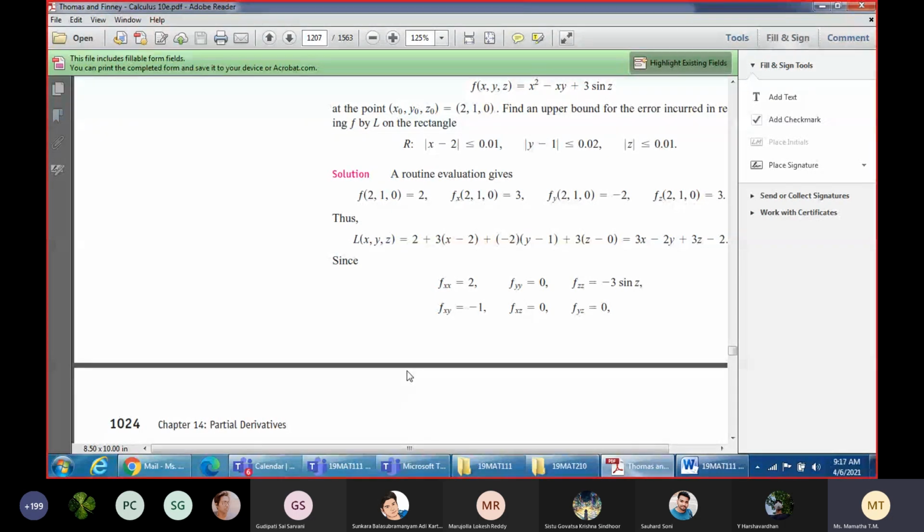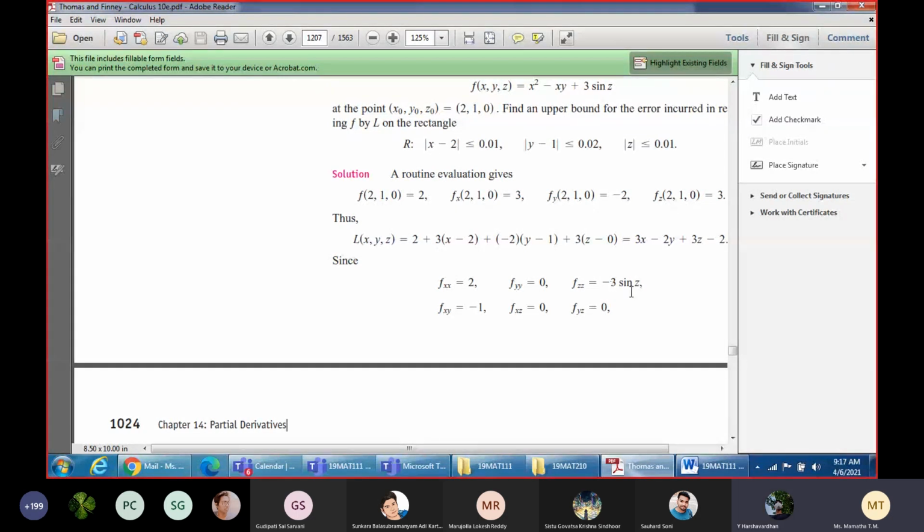Which will be the greater absolute value? Mod sine z value will be from minus 1 to plus 1. So mod sine z will be 1. So mod of minus 3 will be 3, correct? Yes. The greatest value comes for dou square f by dou z square.